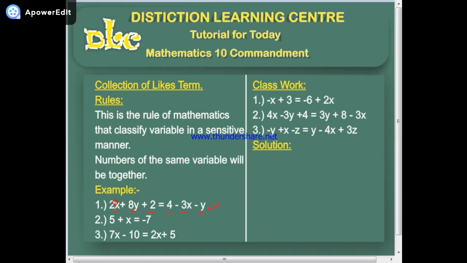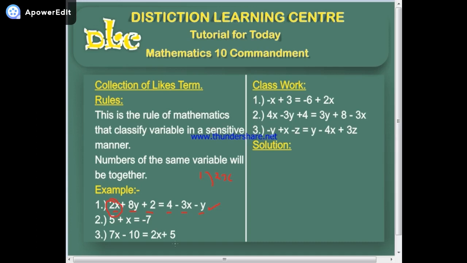Now this is 2x. So let's first write example 1, the solution: 2x, and the rule says that whenever a variable is going to cross from one side to another side, the sign at the back of that variable will change to the opposite sign.